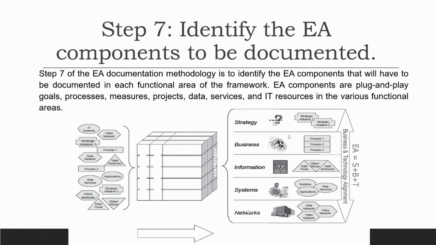Strategic objectives and initiatives, business products and services, information flows, knowledge warehouses, data objects, information systems, software applications, enterprise resource programs and websites, voice, data and video networks, and supporting infrastructure such as buildings, server rooms, wiring runs, closets, and capital equipment are examples of components of EA.